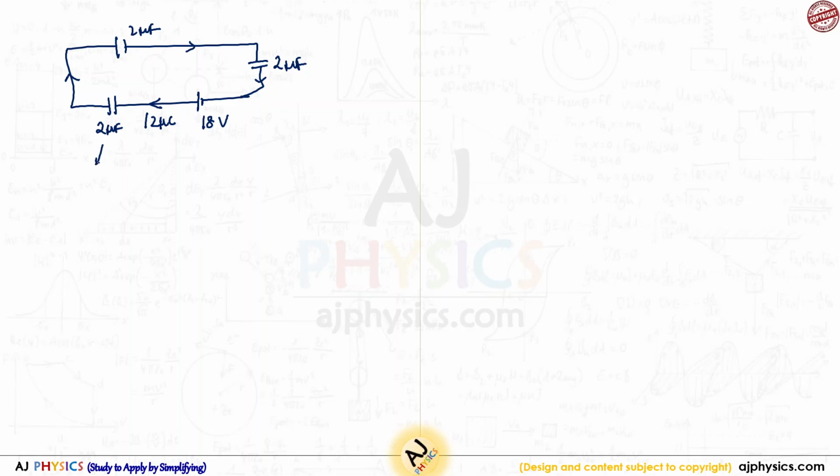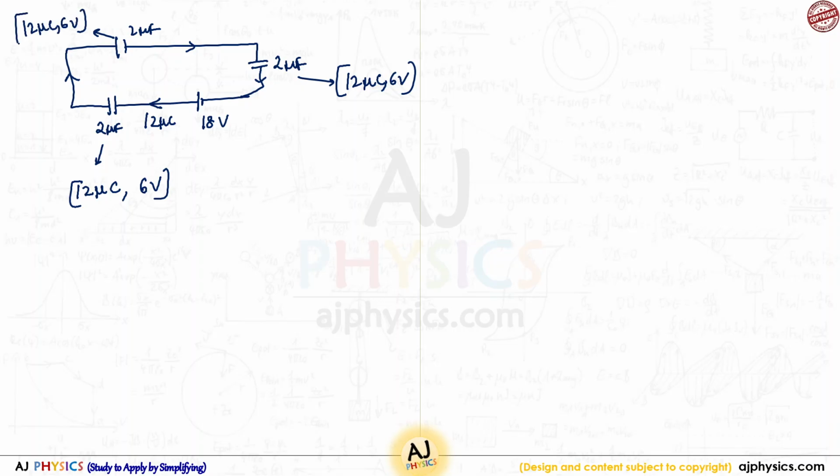So in this capacitor, the charge is 12 microcoulombs, and the voltage will be 6 volts here. In this case, it would be 12 microcoulombs, and that would be 6 volts. And in this case, the same. This would be 12 microcoulomb and 6 volts. Now let's try to go one step back.